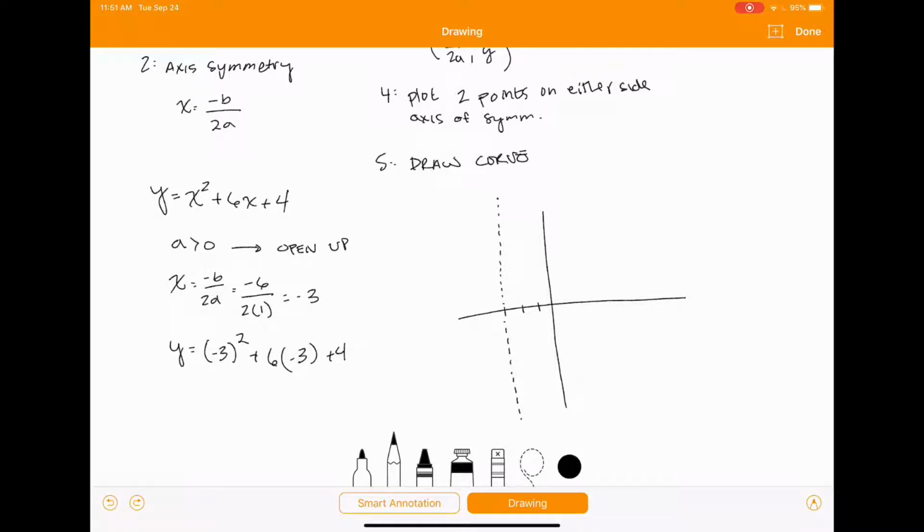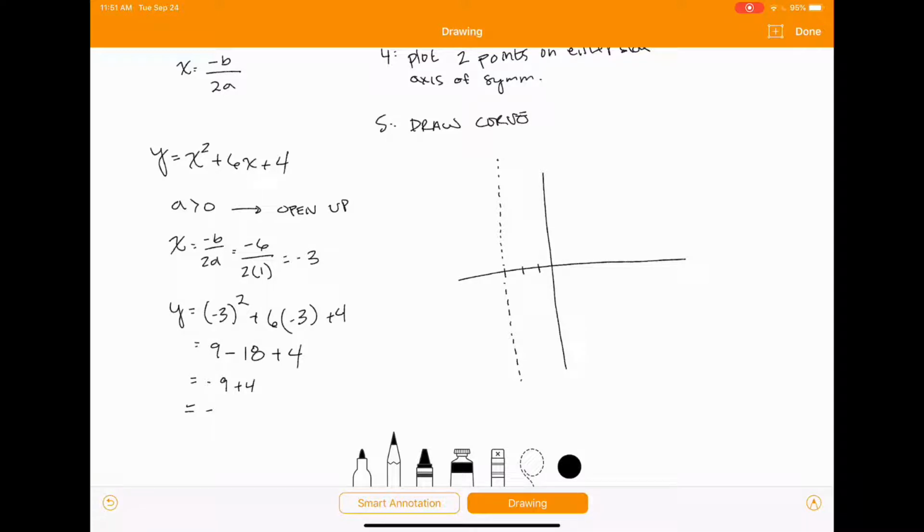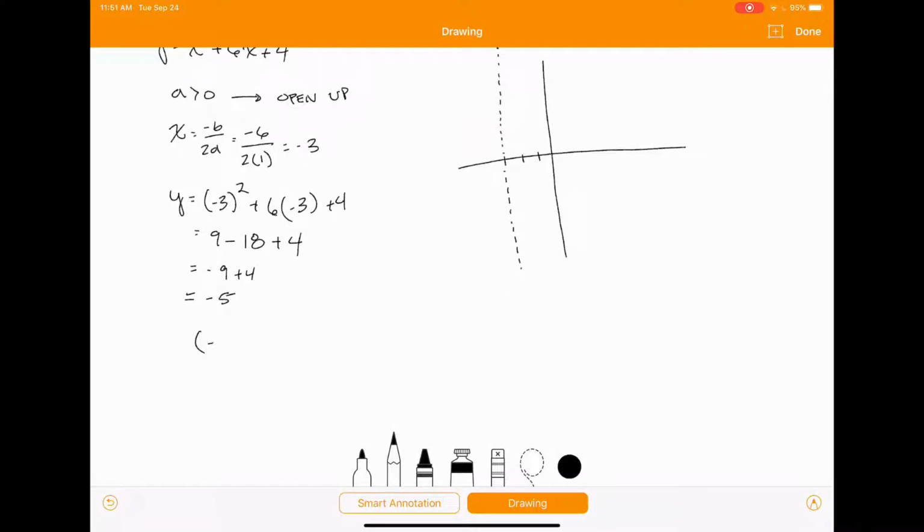All right, and then we just solve for y. So that's going to equal 9 minus 18 plus 4. It's going to be -9 plus 4. That's going to be -5. So our vertex is going to be the point -3, -5.